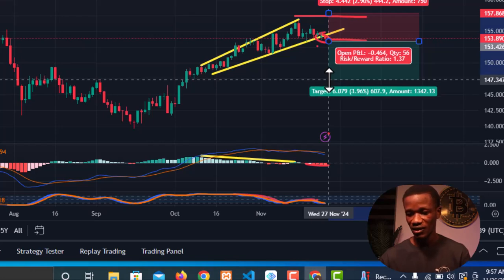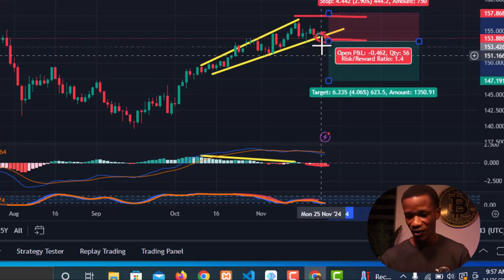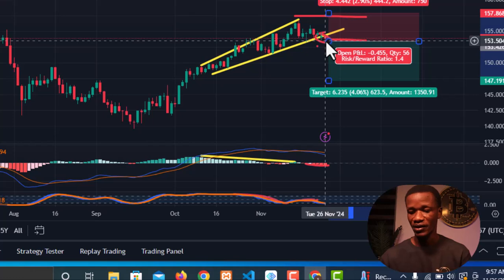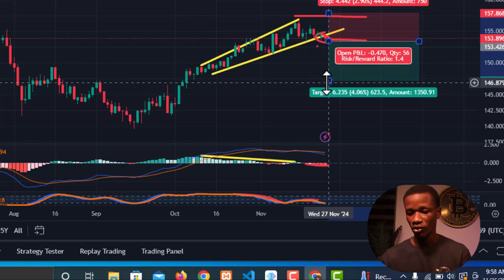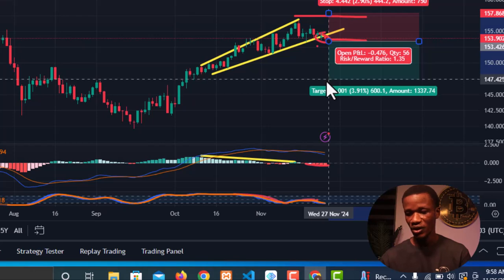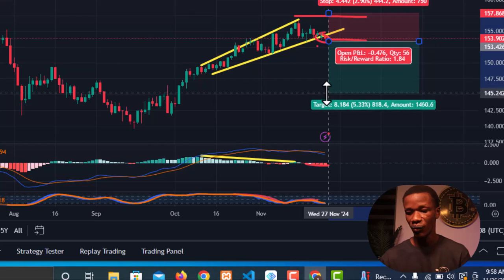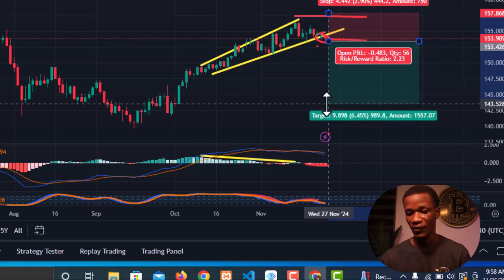So if you look at this very area, you discover that my risk is at this very point, that is at the resistance. My entry is at this very point, and then my reward, which is my target, is at this very area. So the most important thing is that you must do your risk reward ratio very, very accurately.